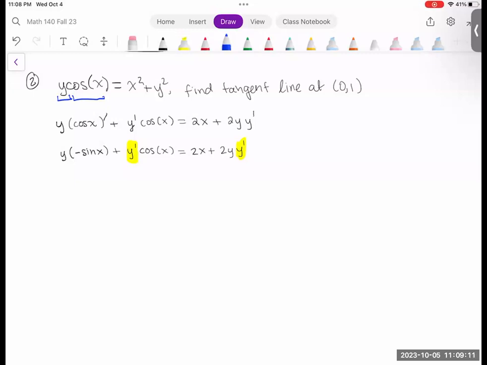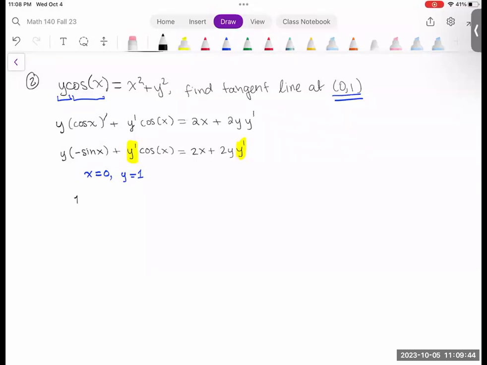But something we can also often do to simplify what we have to work with is, if we're looking for a slope at a particular point, for example here, where x equals 0 and y equals 1, we could also evaluate both sides of this equation at x equals 0 and y equals 1. This will make the expressions we have to work with easier to handle.